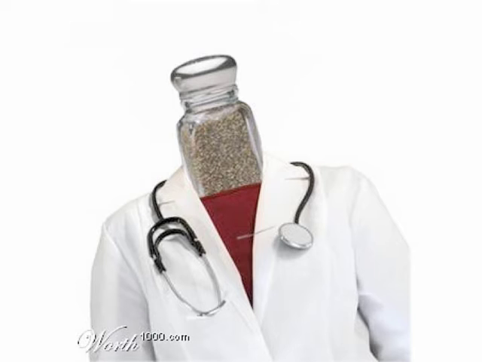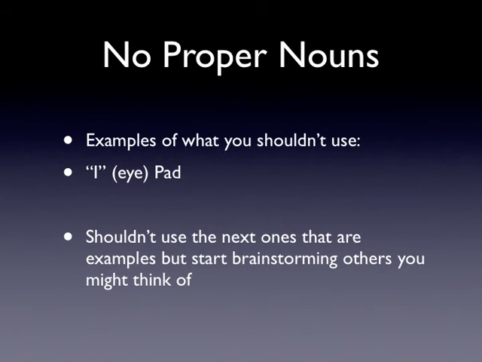But what I would like you to know about this individual visual pun is that there will be no proper nouns in the ones that you come up with. So an example of what you shouldn't use would be an iPad. I, the letter, like how iPad is spelled, or you would maybe think about putting an eyeball in place of the letter I. The reason that you shouldn't use proper nouns is because a lot of times those are already intended to maybe make a joke of itself.